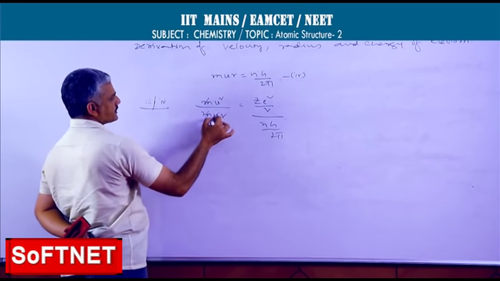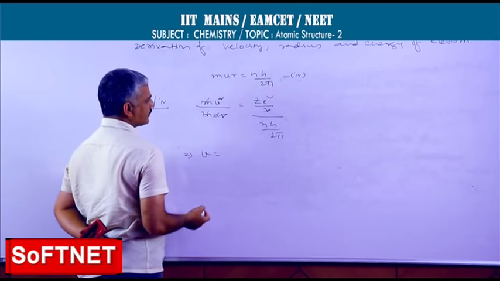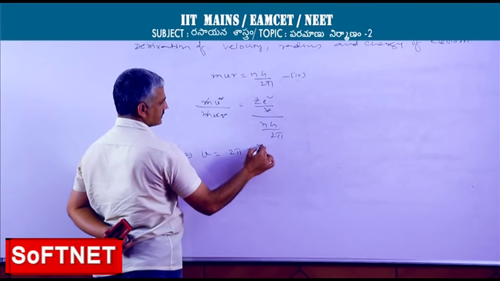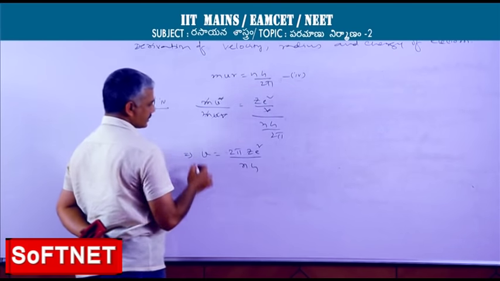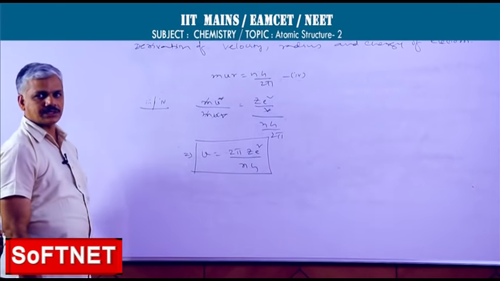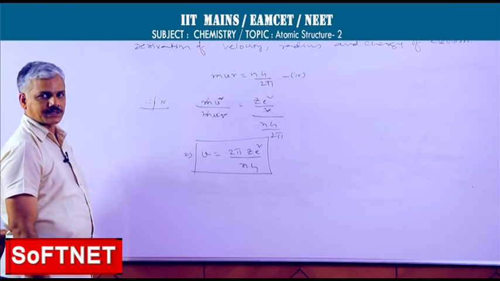The common terms get cancelled and v comes out to 2 pi Z E square by nh. This is the relation used for the calculation of velocity of electron.